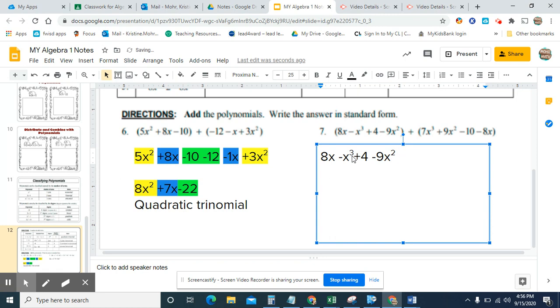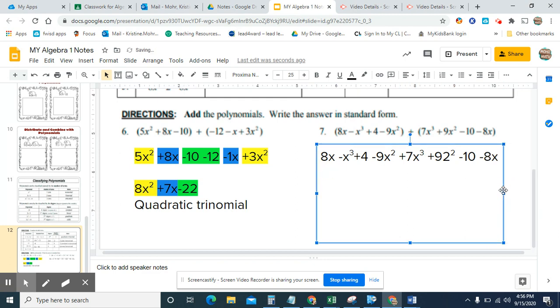And then we have a positive 7. So I'm going to make that a plus sign because it is a positive. 7x cubed plus 9x squared minus 10 minus 8x.